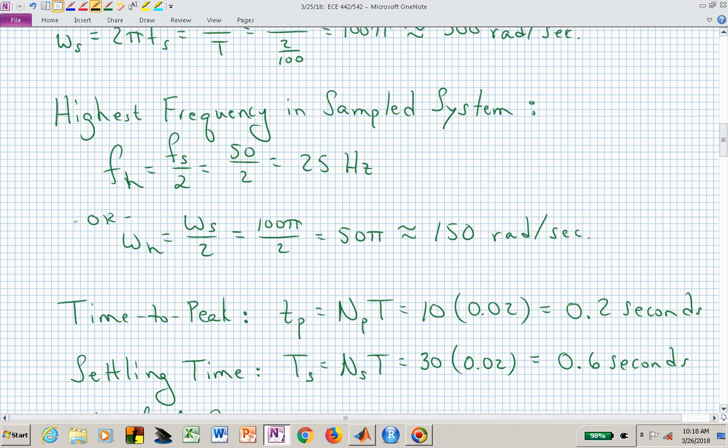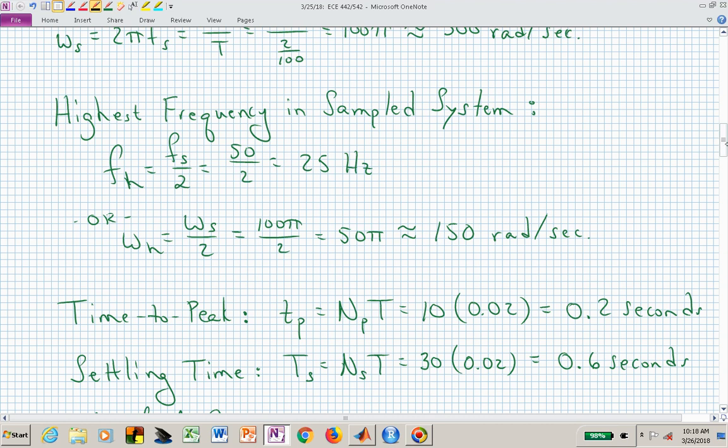Using this supposed sample period of 20 milliseconds, the peak time is now 0.2 seconds, or 200 milliseconds, and the settling time is 3 times that, which is 600 milliseconds, or 0.6 seconds. So in a little more than half a second, this system should be settled.